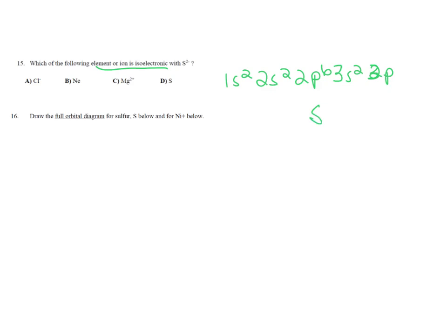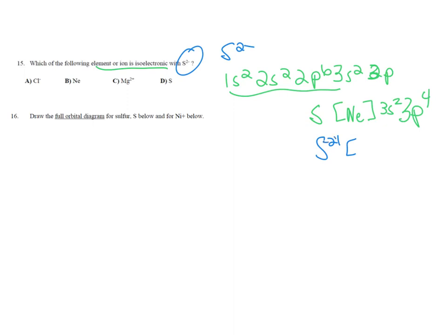Sulfur would be neon and then 3s2, 3p4, but when you add 2 electrons for 2 minus, you get 3s2, 3p6, and that matches argon.